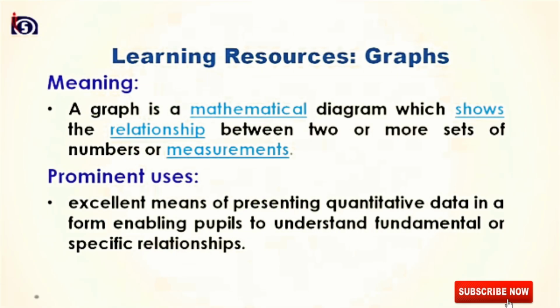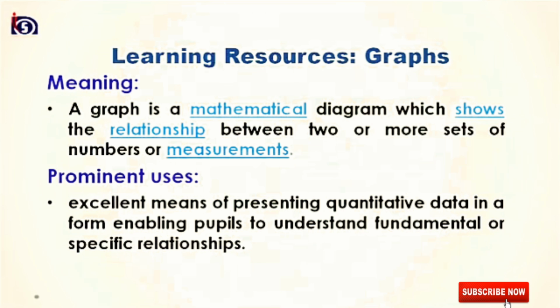When we talk about graph, what does the term graph literally mean? The graph is a mathematical diagram which shows the relationship between two or more sets of numbers or measurements. Graphs could be two-dimensional or three-dimensional also. Mainly the graphs are mathematical diagrams that show the relationship or the interaction between two sets of data or measurements.